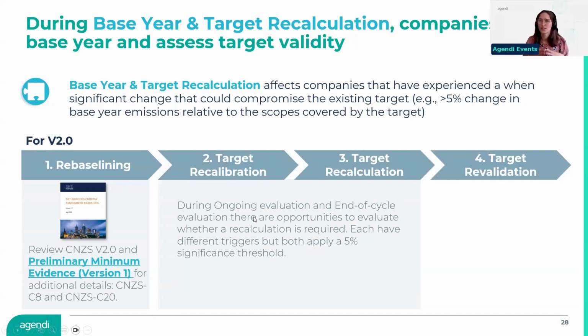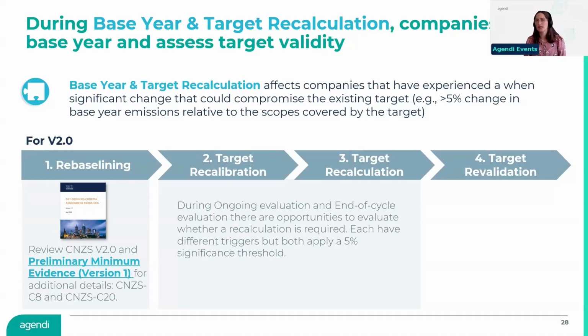So one is during ongoing evaluation. So this is before your target year. For V2.0, the target year is always 5 years after the submission for near-term targets. So within your target year means before 5 years. The triggers that are applicable for ongoing evaluation include things that are more likely to affect the target validity.